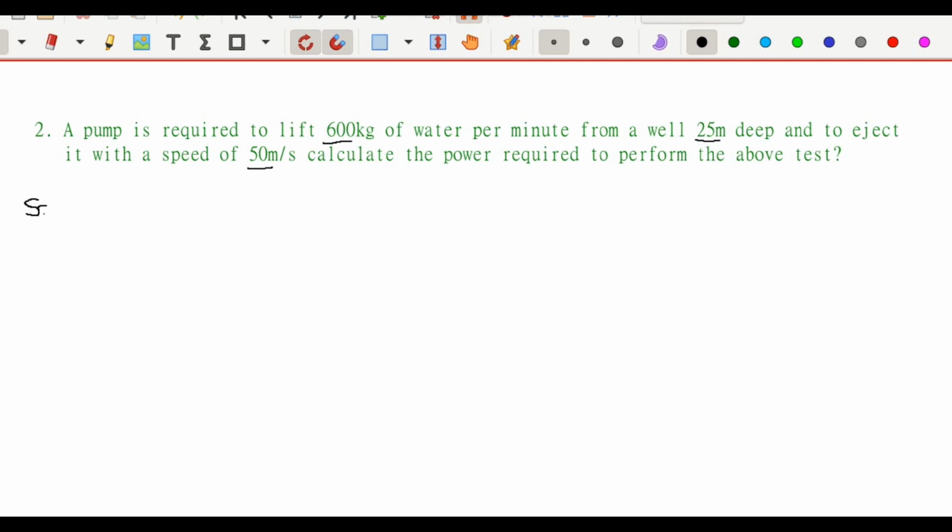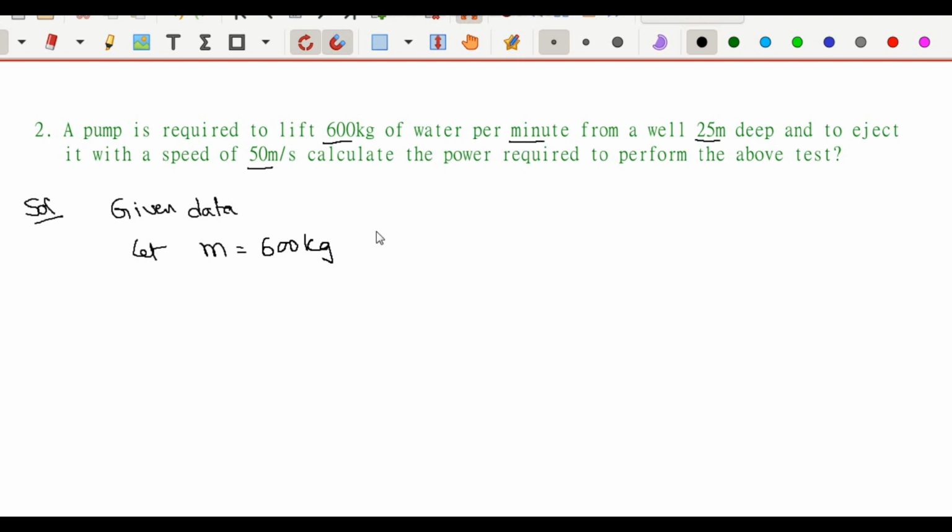So the solution, given data: 600 kg means mass m is equal to 600 kg.